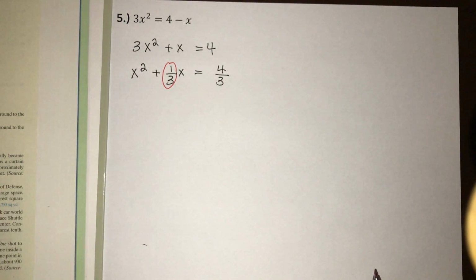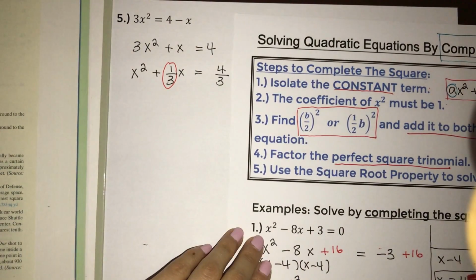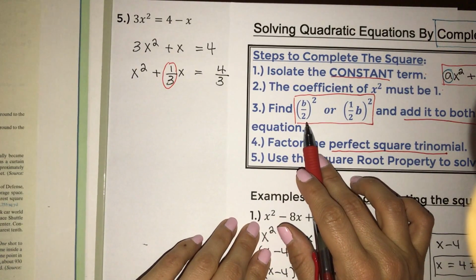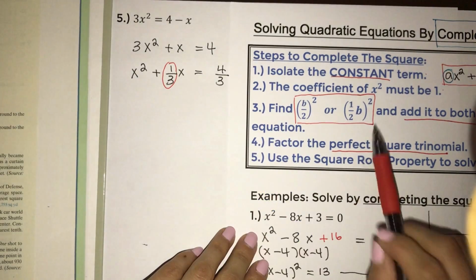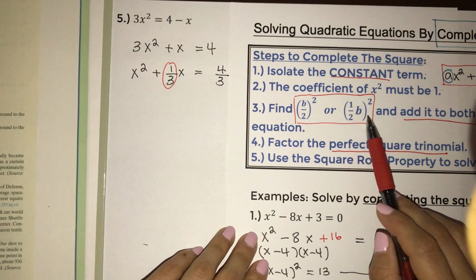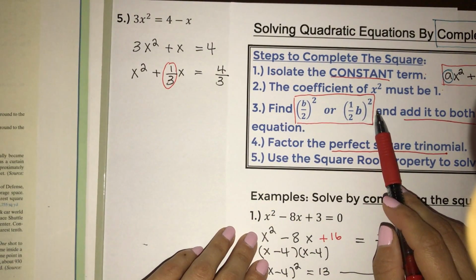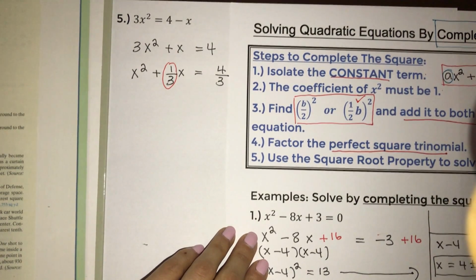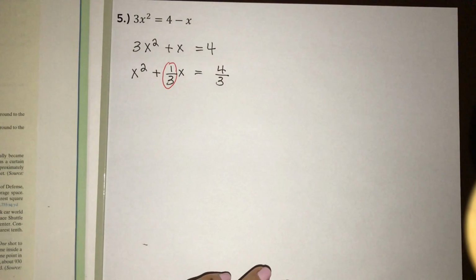Now it's a fraction. So this might be where it might be a little bit easier to actually use, instead of b over 2, since b is a fraction, we can write 1/2 times b squared. So this is where you could use this part. Let me show you.